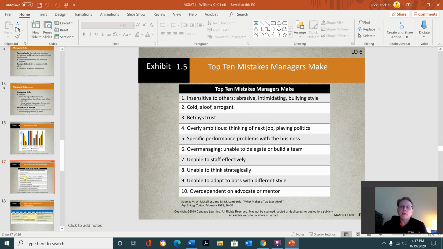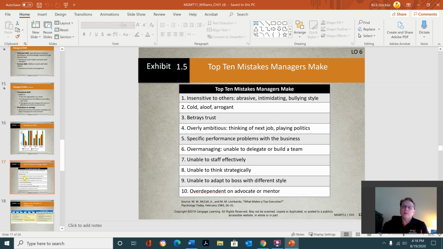Top 10 mistakes managers make. Number 1, insensitive to others. Okay, bullying, intimidating, abrasive. You know, if you like getting a paycheck, do what you're told and don't complain. That's very insensitive to others. That's very bullying. That's what we call Theory X, which we'll get into in a little bit.